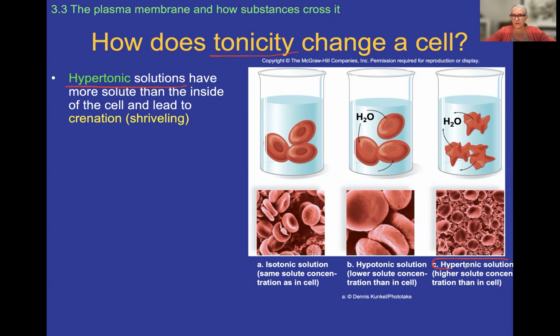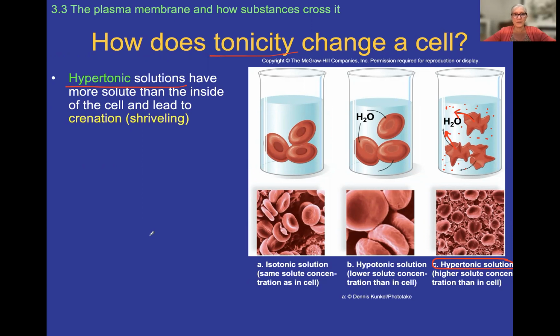What will happen if our cells, as an example these red blood cells, are sitting in a hypertonic solution? The cells are going to shrivel up. You won't have to write an essay describing why this is happening, but you can see water moves out, leaving the cell by osmosis because of this high concentration of particles out here. A high concentration of salt. Let's say you put these cells in salt water out of the Gulf. These cells are going to shrink.